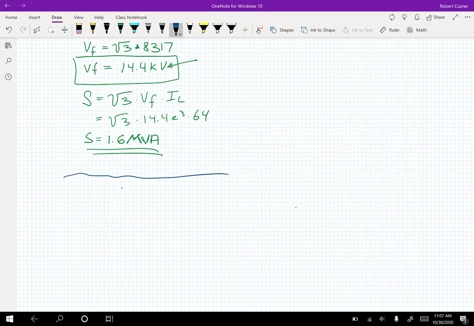Here's a community over here. And that community is fed by a substation. This community is remote. It's a rural area. Okay, so it's rural. It's a long ways away from the nearest power generation station.